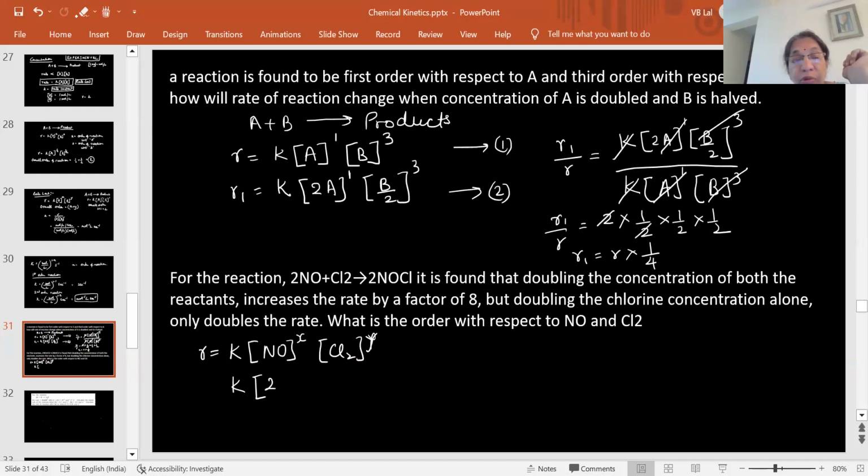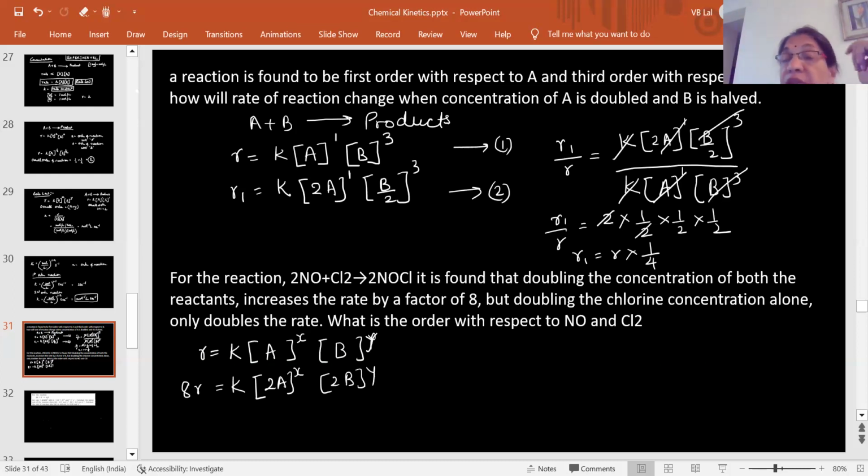So this will become 2A raised to X and 2B raised to Y is equal to 8R. The rate increases 8 times, right? So I have to find out what the value of X and Y is.